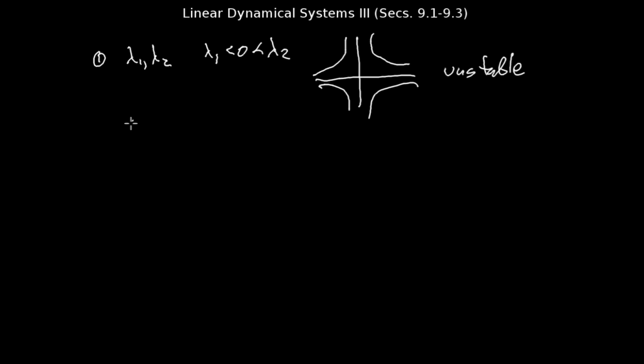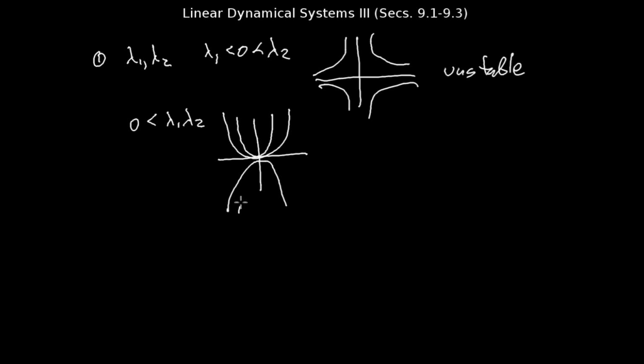And another possibility is that they're both positive, in which case I did an example last time in class where the trajectories look like this, a typical example. And the arrows are pointing out. So, again, it's unstable.